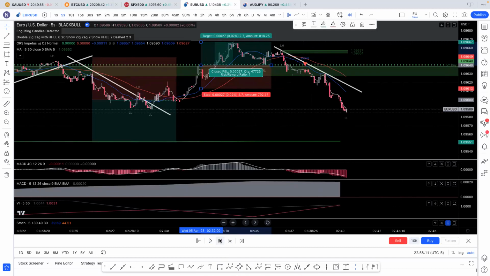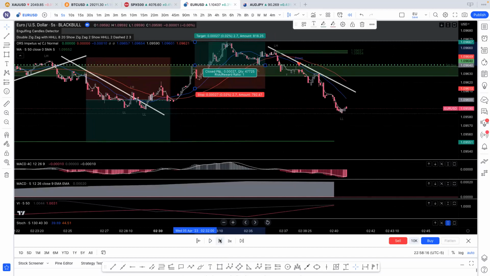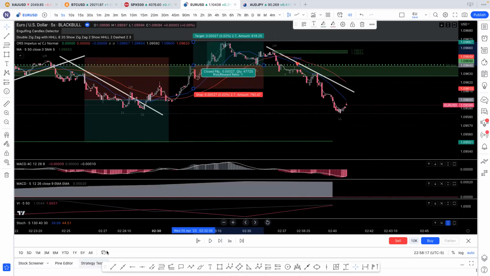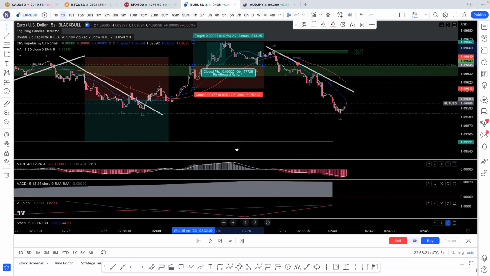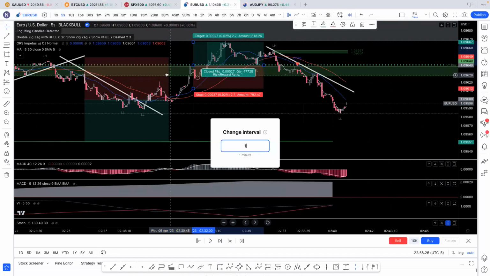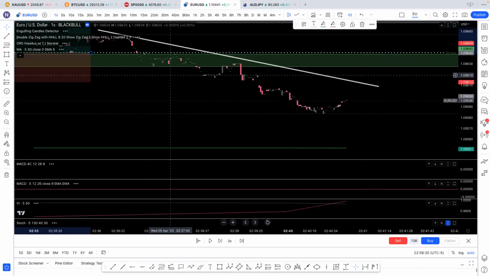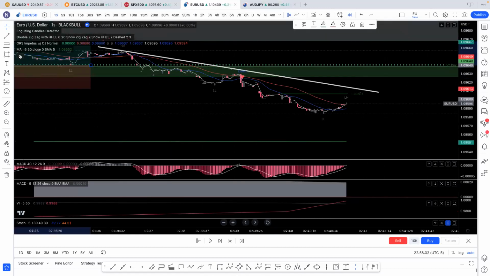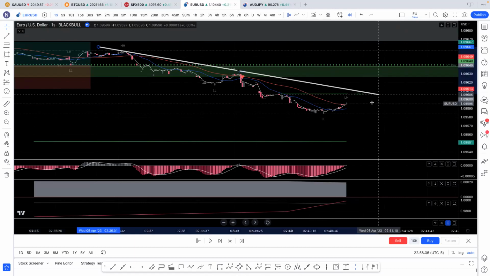So my 50 is below price. Goodness gracious. Okay. Let me try the 1 minute, or excuse me, the 1 second time frame to see if I can get the moving averages more narrow, in which I did.